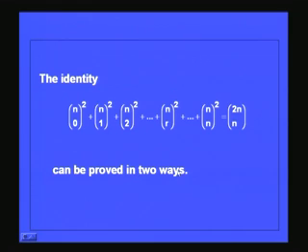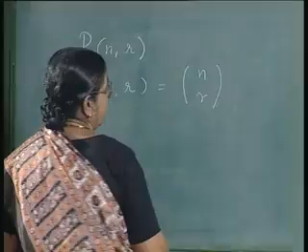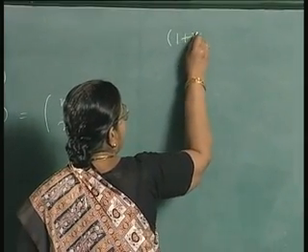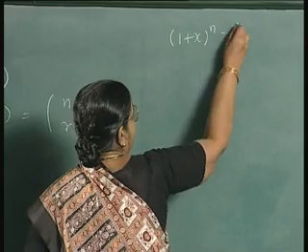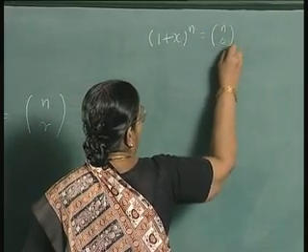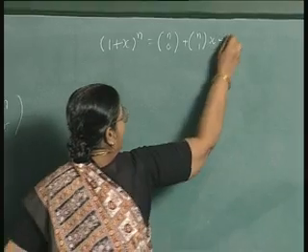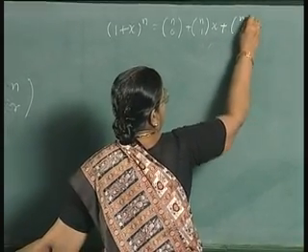Look at the ordinary enumerator, (1 plus x) power n, that is nC0 plus nC1 x plus nC2 x squared plus ... plus nCn x power n.